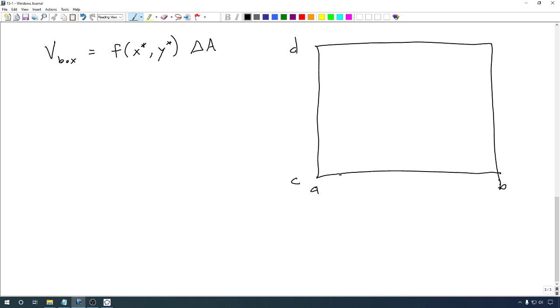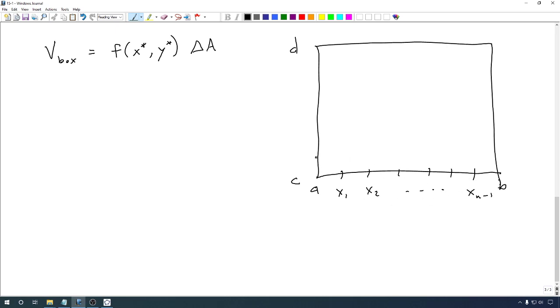We would break up our x interval into a bunch of smaller regions. A would be x0, then we have x1, x2, all the way until we get to some x_{n-1}, and then b would be xn. So we have n different subregions down here on the x values.